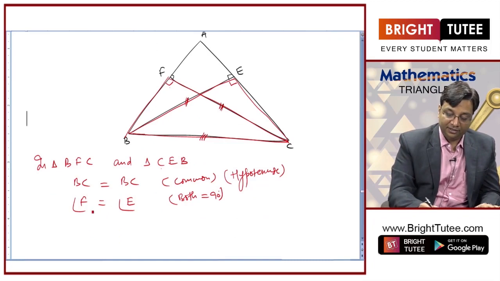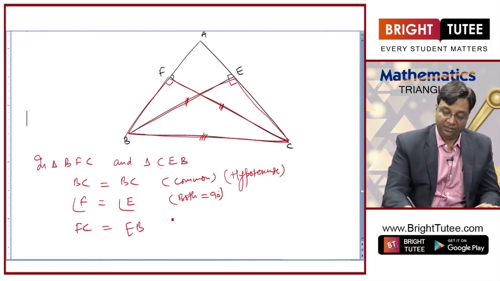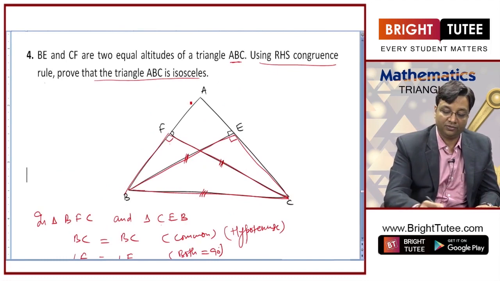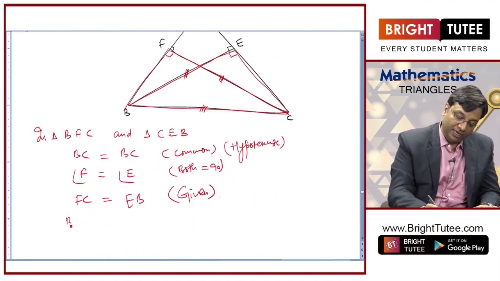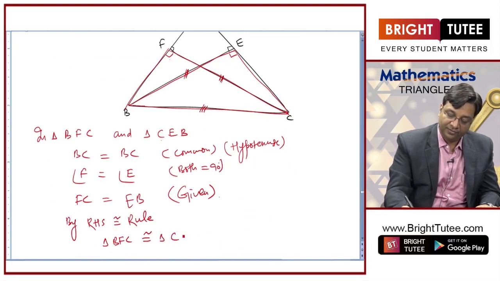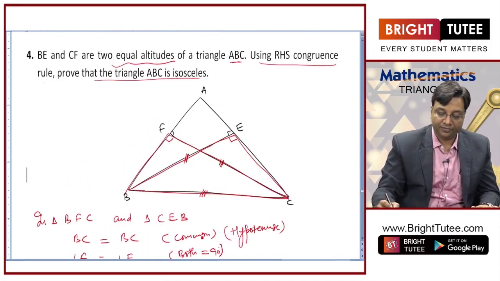And side FC in triangle BFC is equal to side EB in triangle CEB. It is given information, right? Because the altitudes are of equal length, it is given equal altitudes. So, by RHS congruence rule, triangle BFC is congruent to triangle CEB.